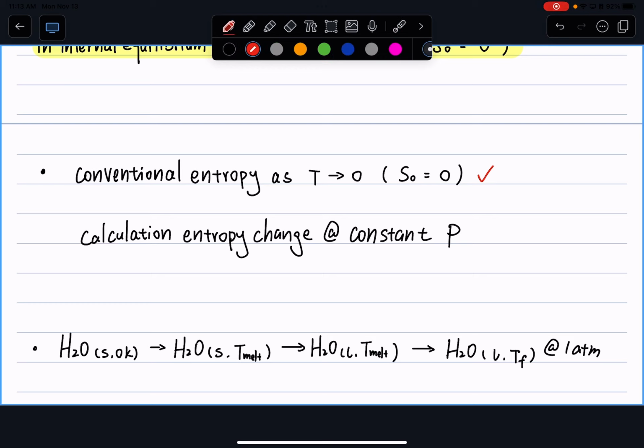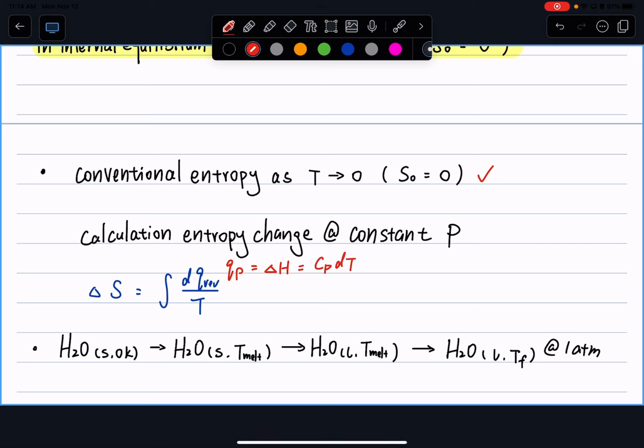And in this process, what do we know? Again, we have delta S equals the integral of dq reversible over T. But we're keeping it at constant pressure, so dq reversible equals Qp, which equals delta H, and Cp dT.